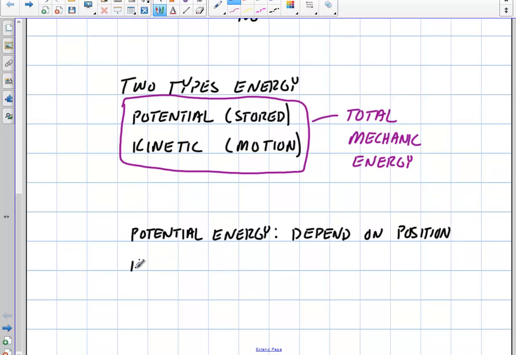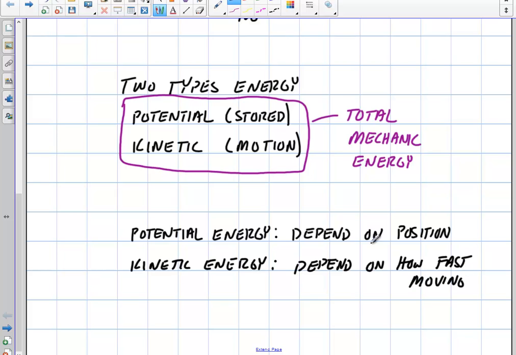And kinetic energy is going to depend upon how fast you're moving. So these two types of energy can be divided into many different parts. Potential energy has a lot of different ways we can define that. And that's going to depend upon the position.